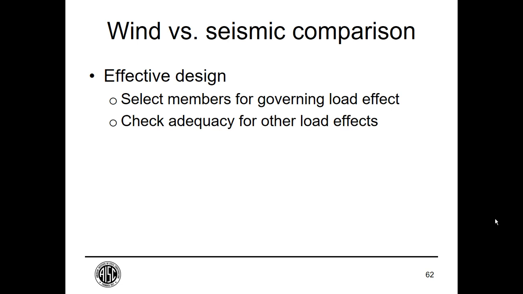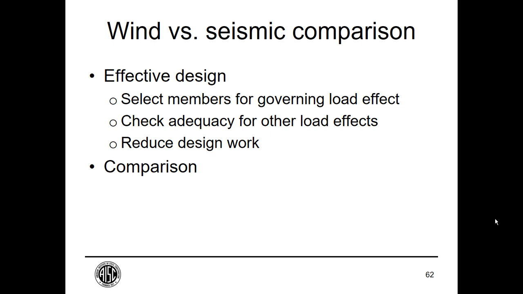So if seismic governs, we'd like to pick out our beams and columns for the seismic load and then check for wind. If wind governs, we'd like to pick out our beams and columns for the wind loads and then check for seismic, including proportioning. This is intended to reduce the design work so that you're not designing twice. You're designing once and then verifying.